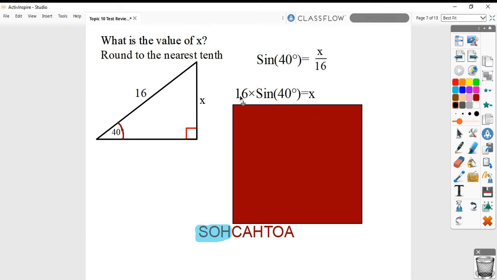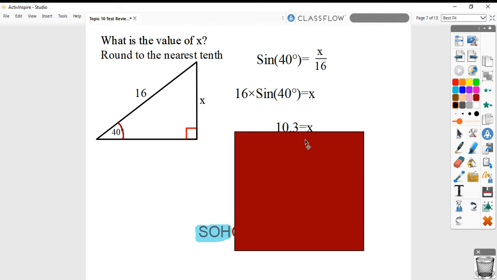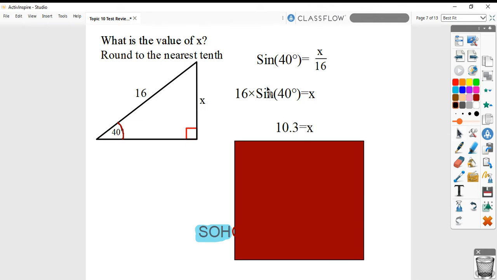Now this right here, if you've got one of the good calculators that has all of the trig functions, you can type it in exactly like this. And if you are in degrees mode, that's going to give you a good answer. But if you don't have one of those nice calculators, what you can do is look on the chart and write down the fact that sine of 40 degrees is just equal to an approximate decimal number.